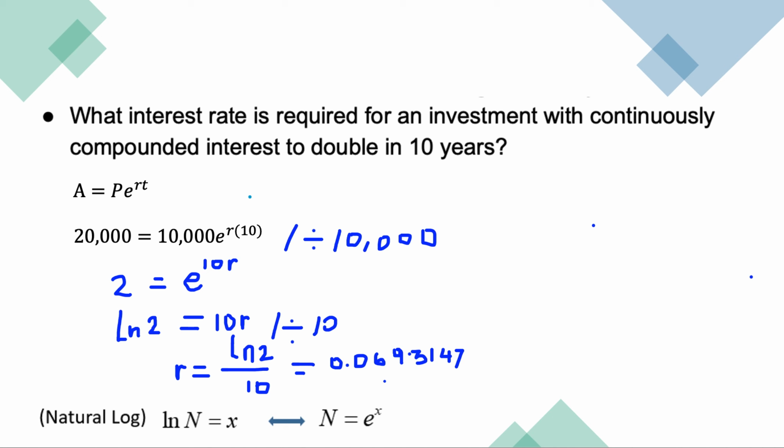If I want to convert this into percentages, I multiply by 100%, and r is going to be equal to 6.93147%.